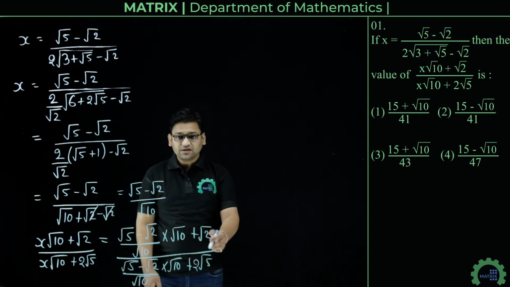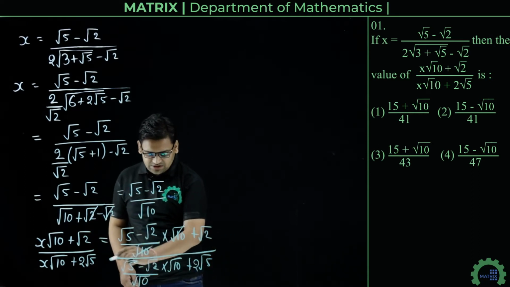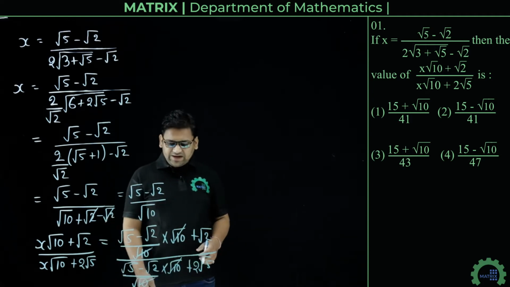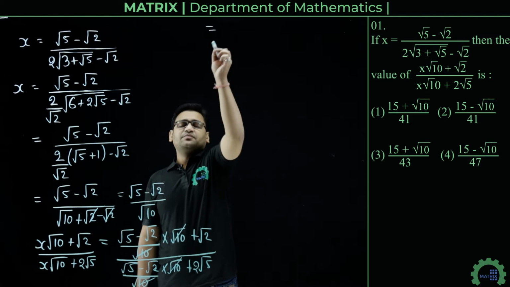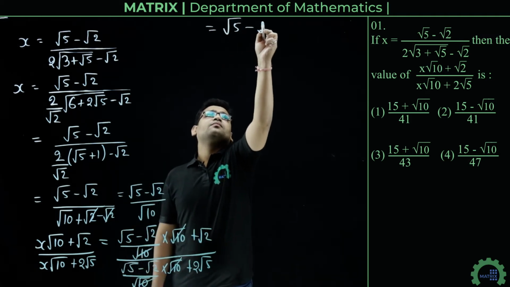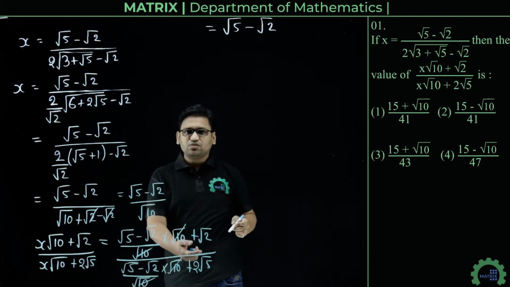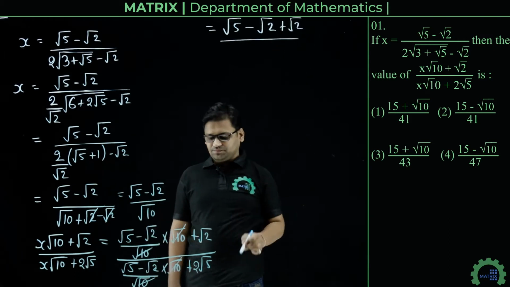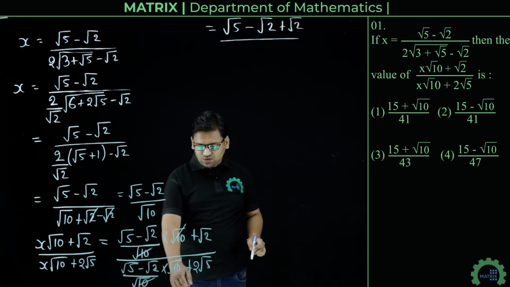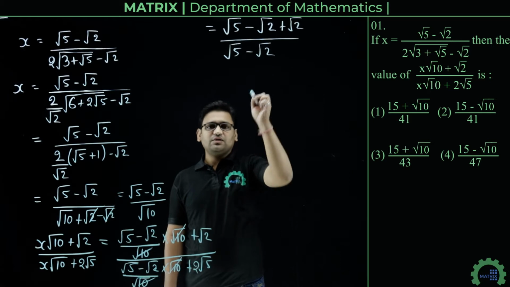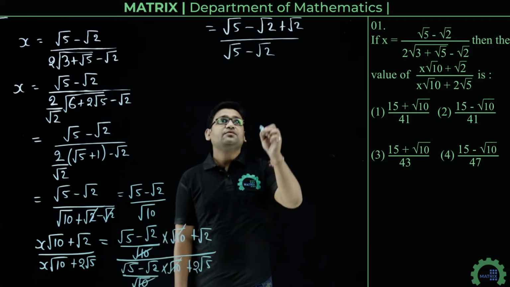In that expression, root 10 cancels out each other, and here also root 10 cancels each other. So we can write this as root 5 minus root 2 plus root 2 divided by root 5 minus root 2 plus 2 root 5.